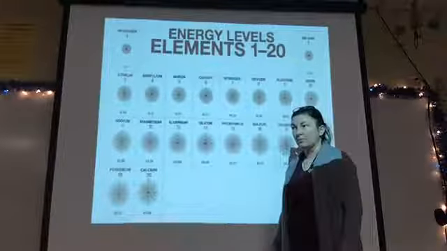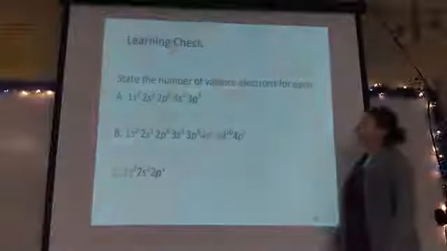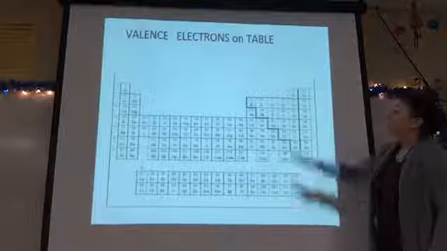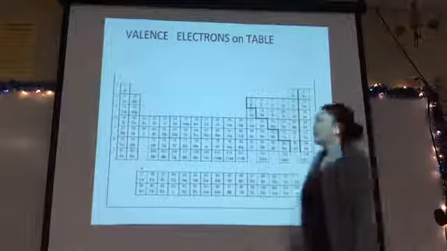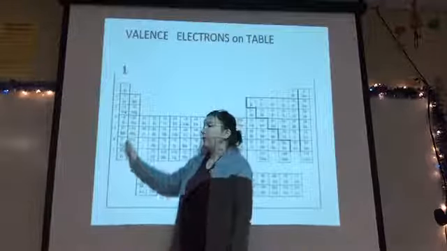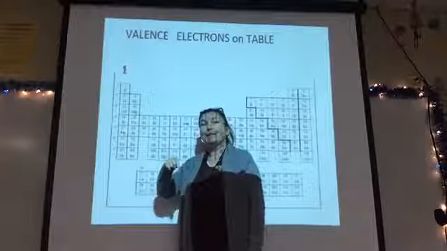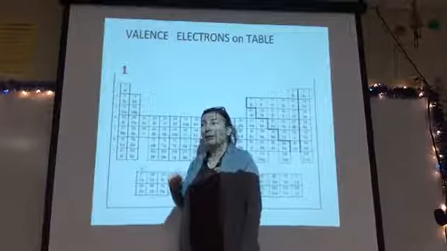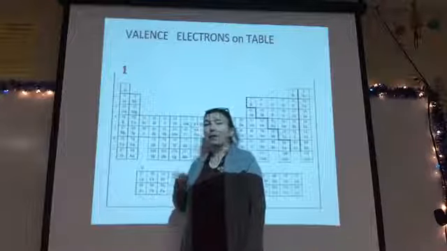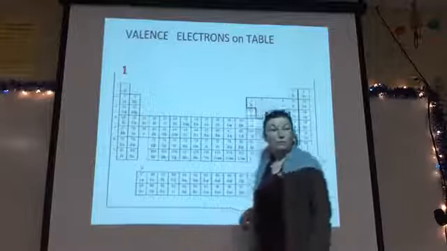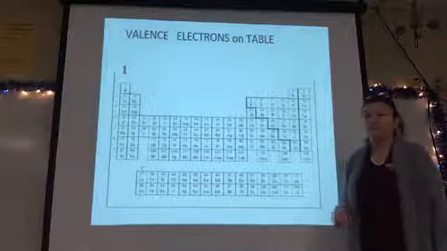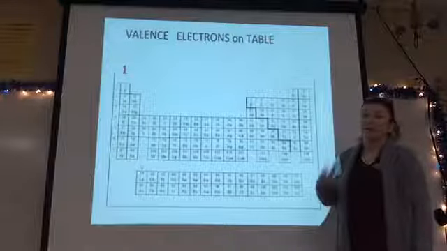Does it make sense? So if you look at the valence electrons on the table, the first group has 1 valence electron. I would probably write this down on the blank periodic table that I gave you so you can go back and refer to it. That's what I would do personally.